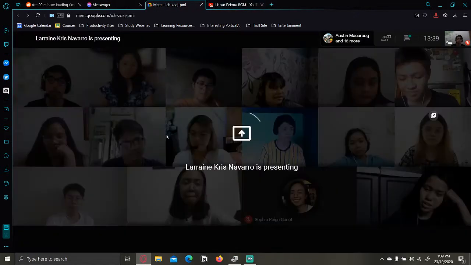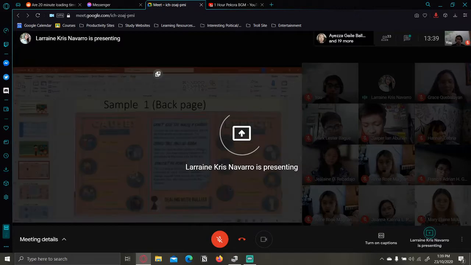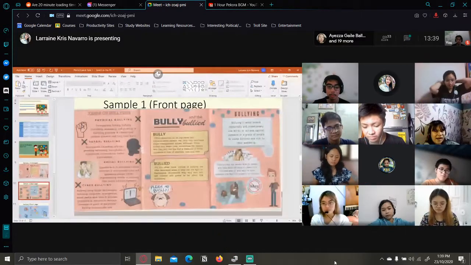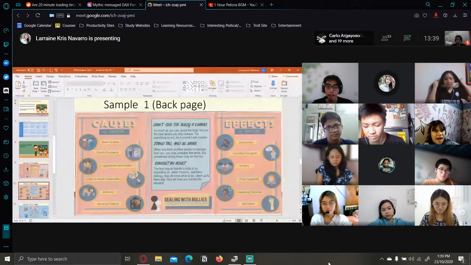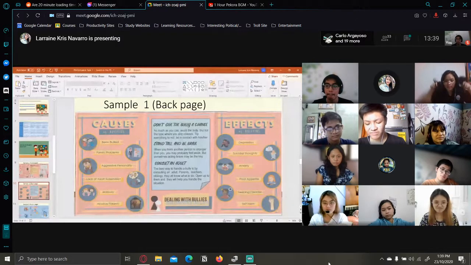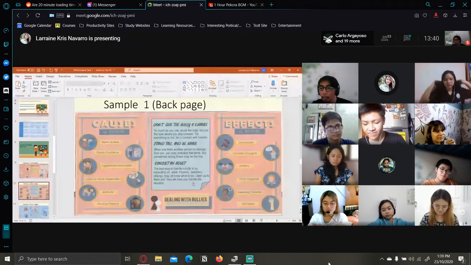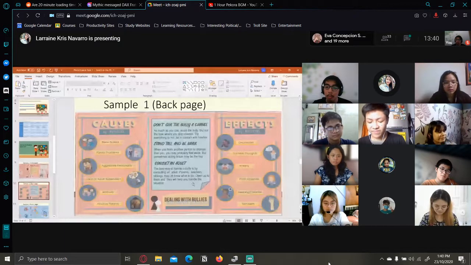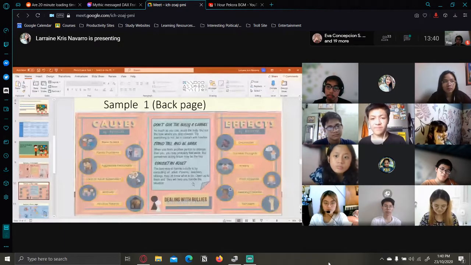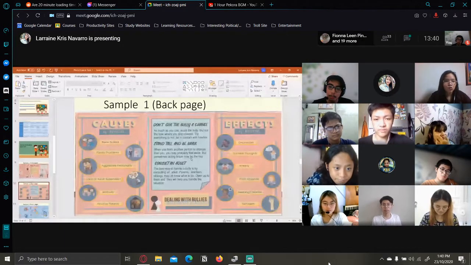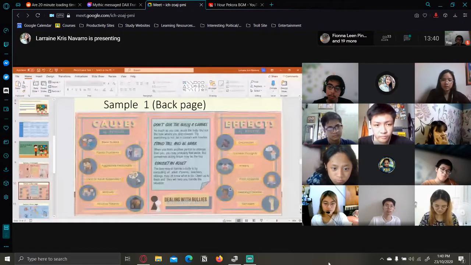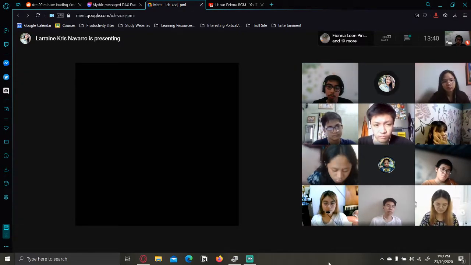Yeah, the front page. And then here, at the back page, you can see the causes and then the effects of bullying. And then at the center part or at the middle part, you can see the different tips or pieces of advice given for those people who experience bullying or being bullied.